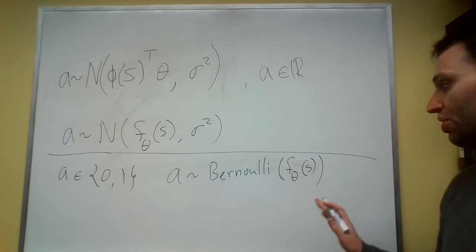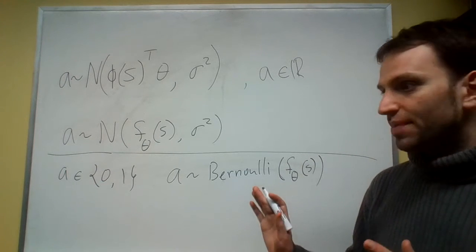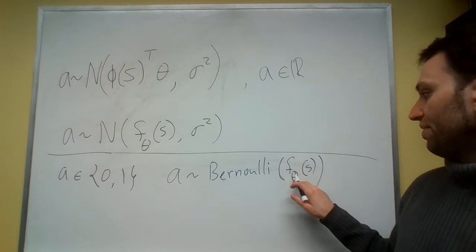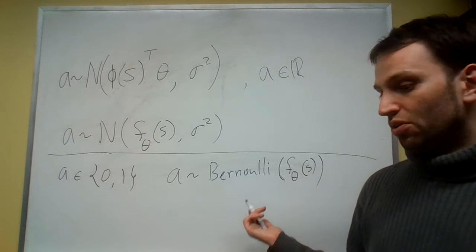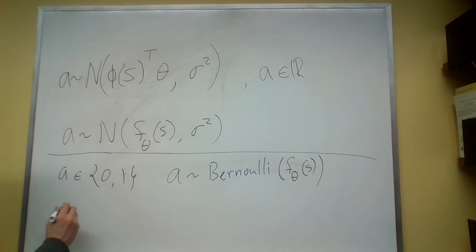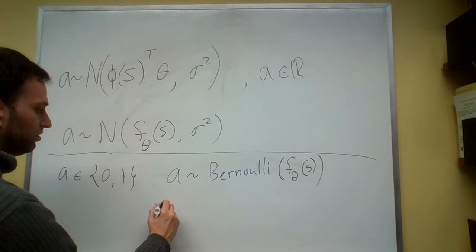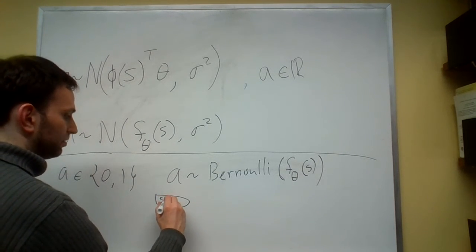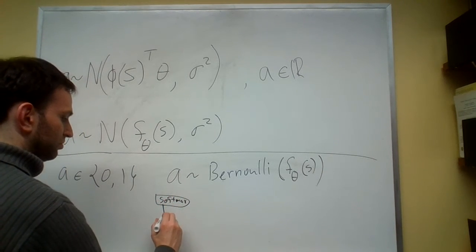Now, we do know how to produce those kinds of things. If you have a softmax function with two possible outputs, it's going to produce basically f theta of s and 1 minus f theta of s. So how would that work? Well, one thing you might do is have a little neural network where here we have a softmax, and here we'll have two outputs.